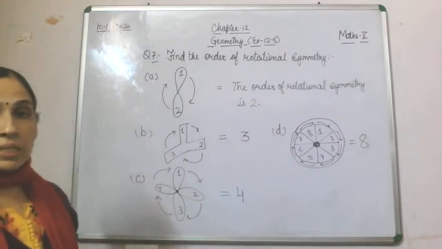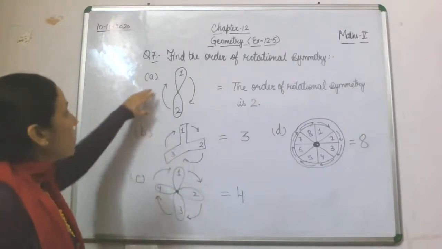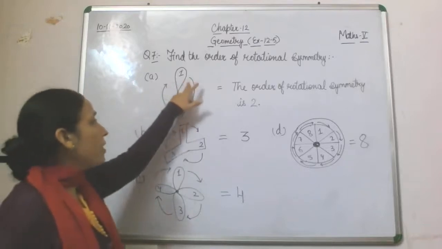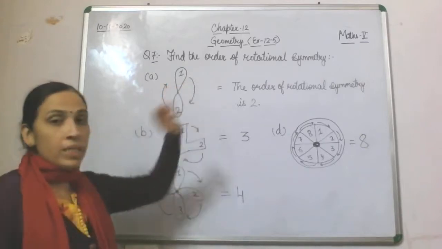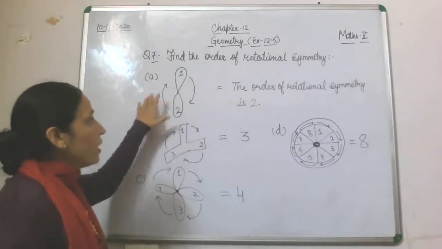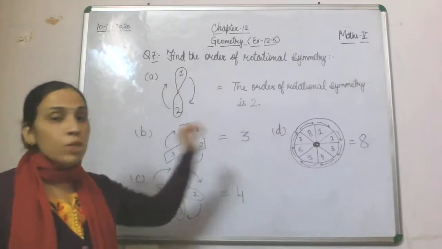Let's understand A, B, C and D again. See, in A part we have this 1 and 2 figure, and when we rotate from 1 and then 2, only then will this come to the original position. So here the order of rotational symmetry will become 2.